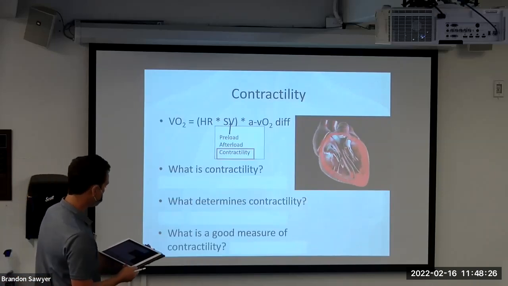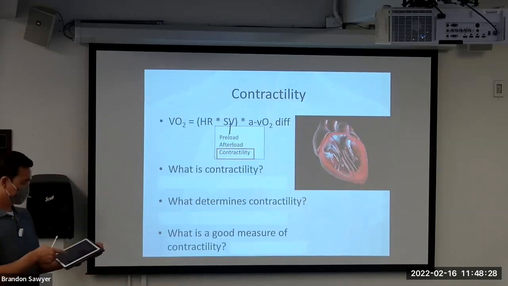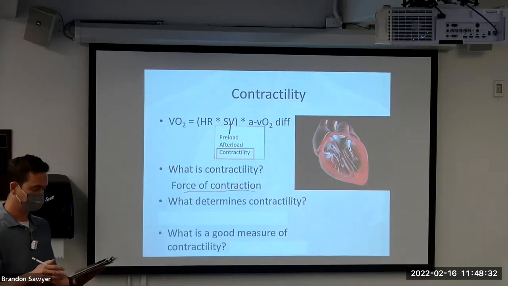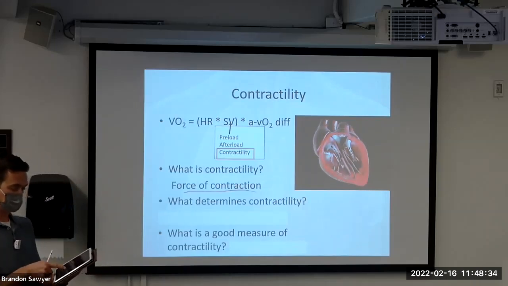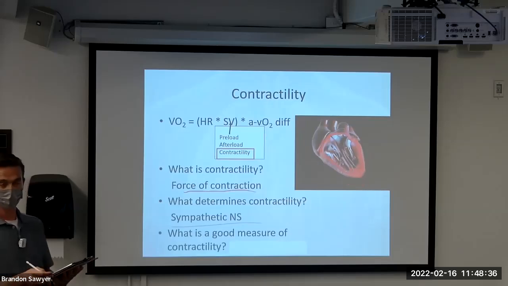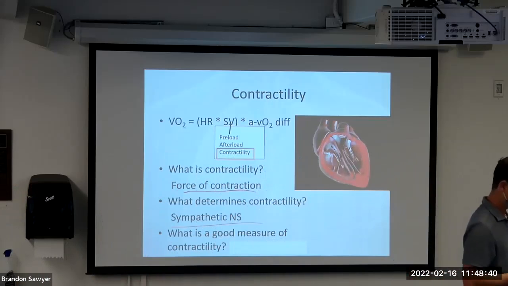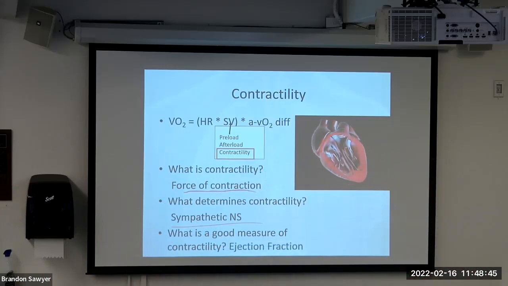Okay, so let's talk about the third factor, which is contractility. Contractility is the force of our heart's contraction. The thing that controls this is how much sympathetic nervous system activity we have. The way that we measure this is through the measurement of ejection fraction.